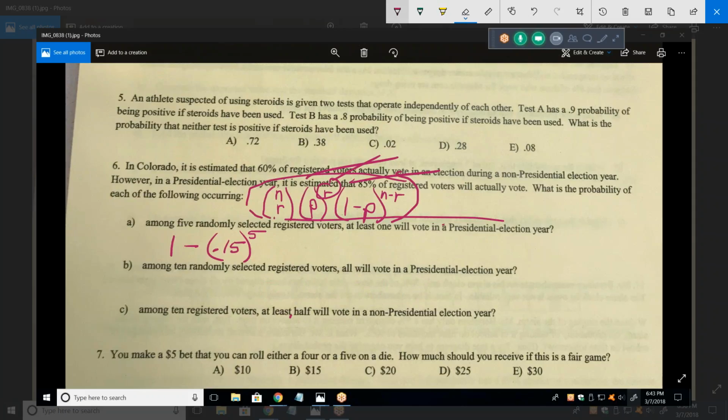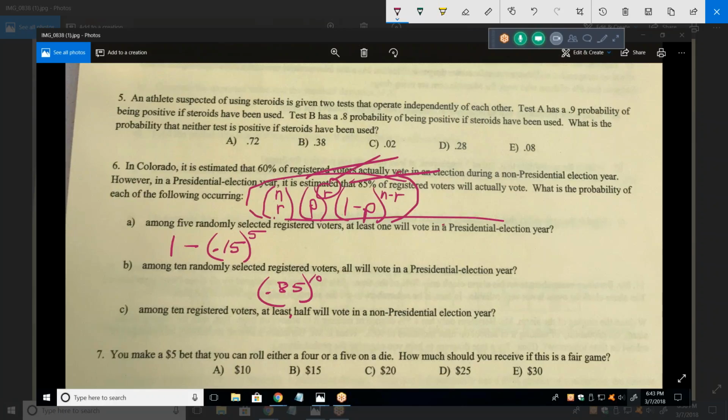All right, I'll go ahead and put that on there. Okay. Among 10 registered voters, at least half will vote in the non-presidential election year. Amongst 10, at least half.